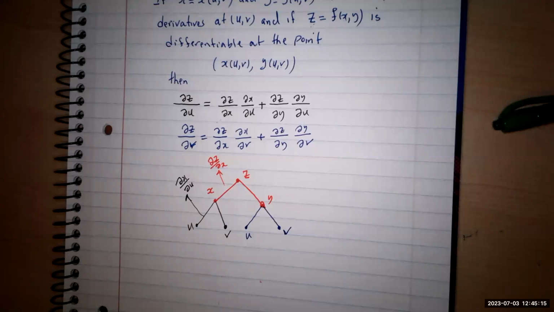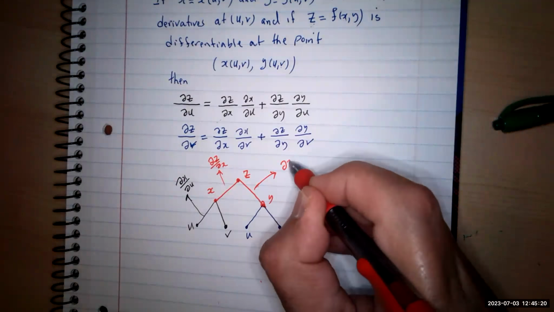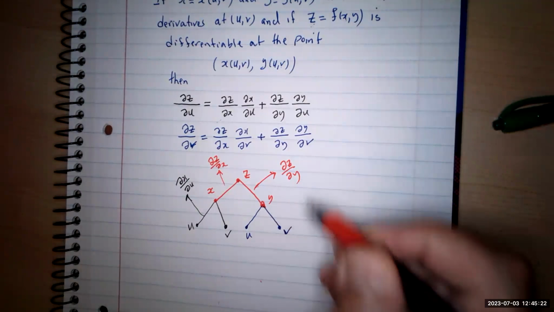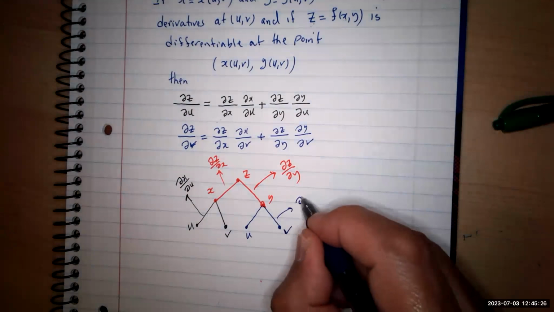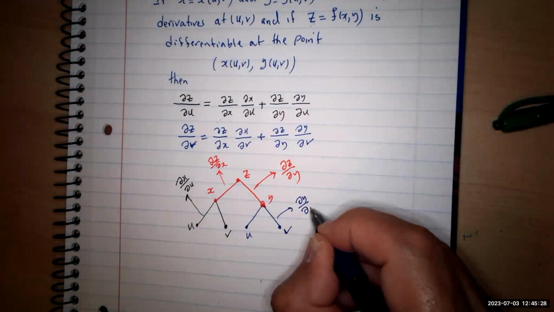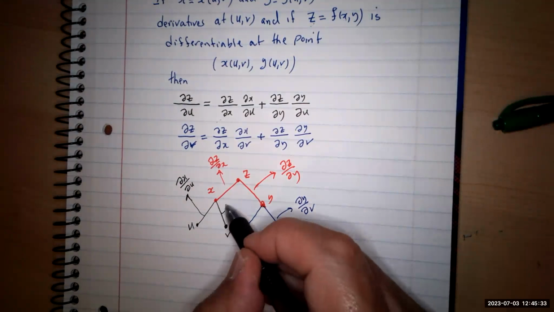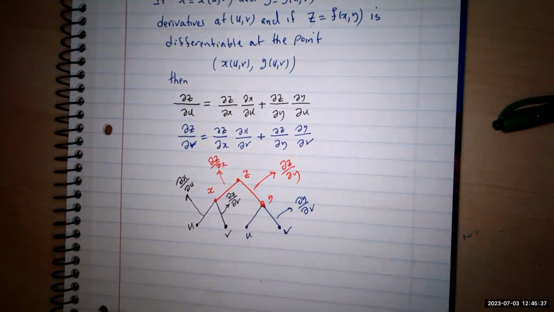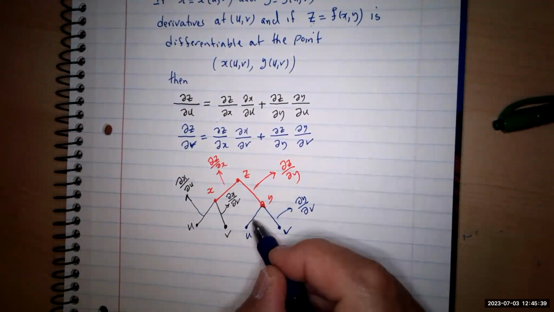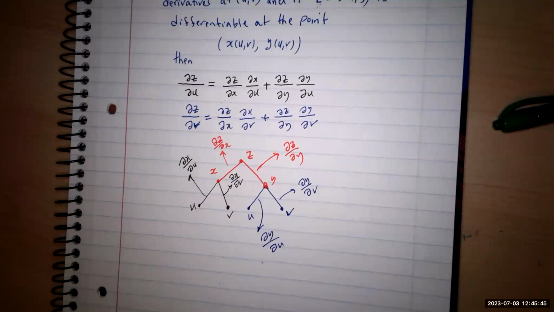The same thing, if you go here, it's going to be ∂z/∂y. And over here is going to be ∂y/∂v. Okay, if you go inside, one is ∂x/∂v. And if you go inside here, that gives you ∂y/∂u. You see, this is the way it's given to you.